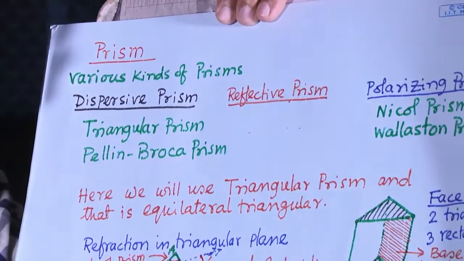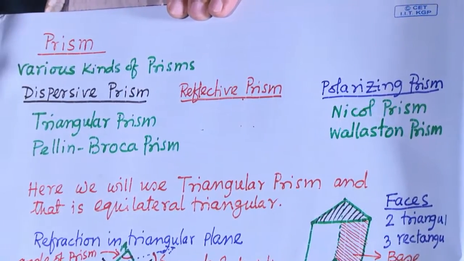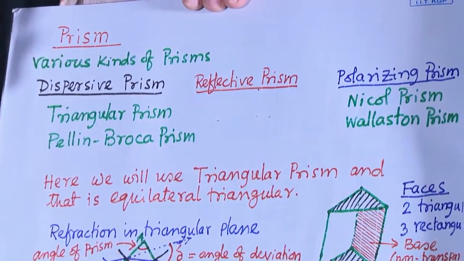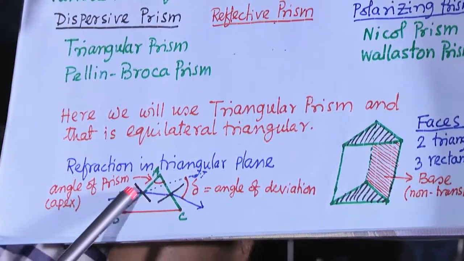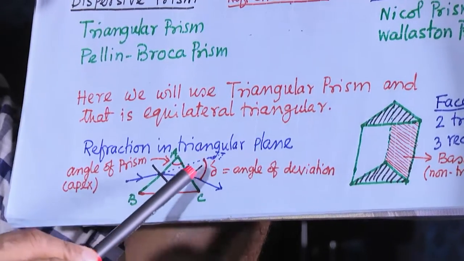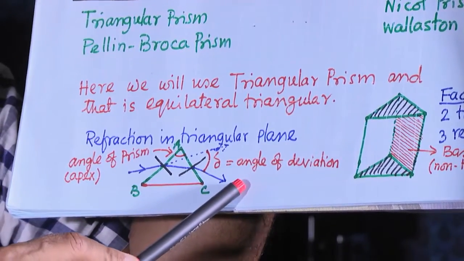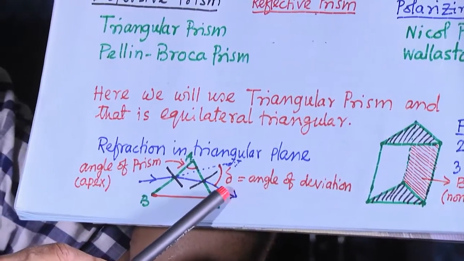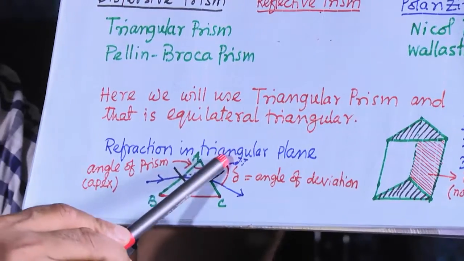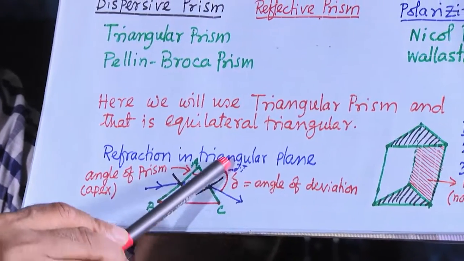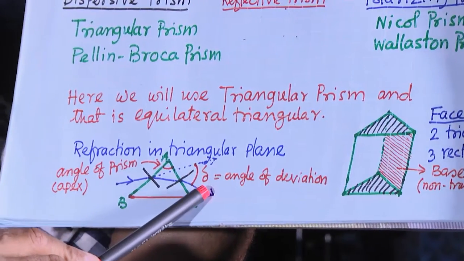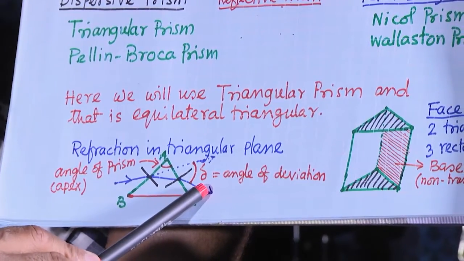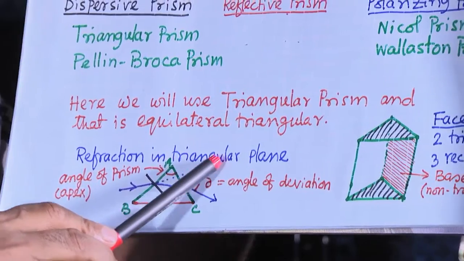Actually after refraction in the prism, the light is deviated from the original direction and it is going in this direction. So what is the angle of deviation? If you extend this, this is the angle of deviation. The refracted ray is deviated from the original direction.